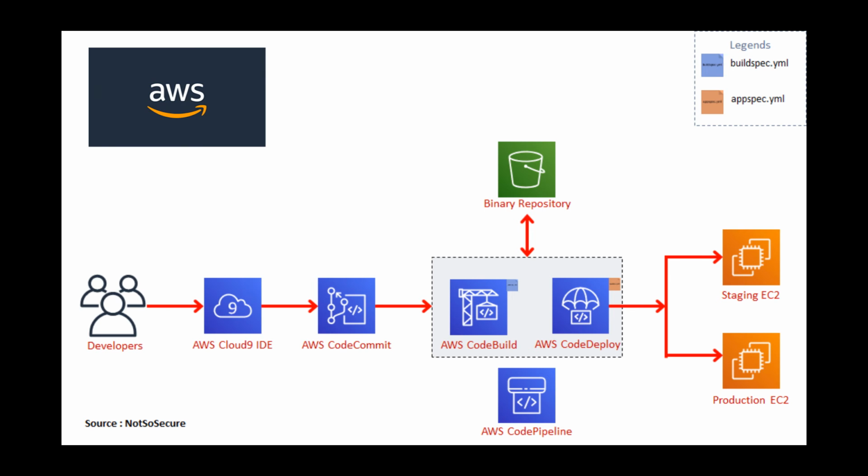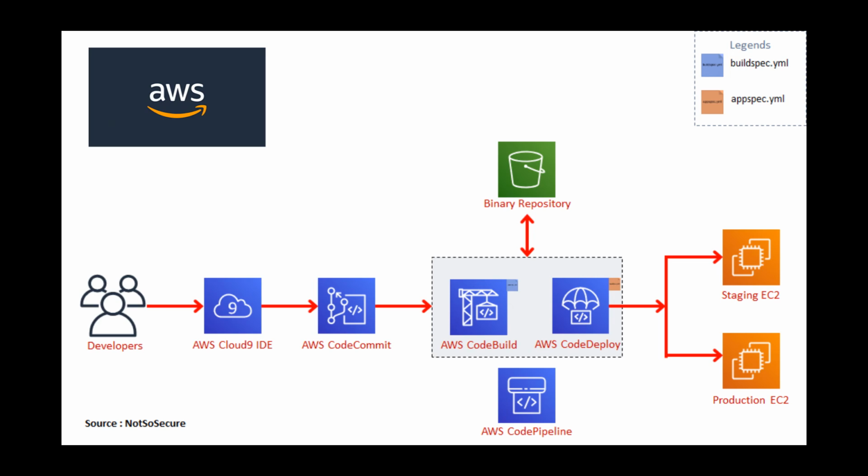This figure shows how the AWS DevSecOps services can be used for code integration and code development automation on AWS. Let's see these AWS services in detail. Developers use the AWS Cloud9 SDK to write code.